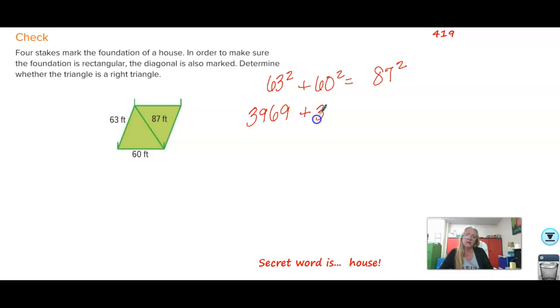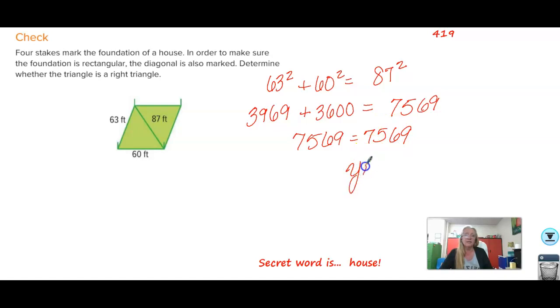And 60 squared is 3600. 87 squared, I have no idea. 87 squared is 7569. And if we add 3969 and 3600, we get 7569. Will you look at that? Wow, didn't see that coming. So yes, this is a right triangle. Doesn't look like one, but it is.